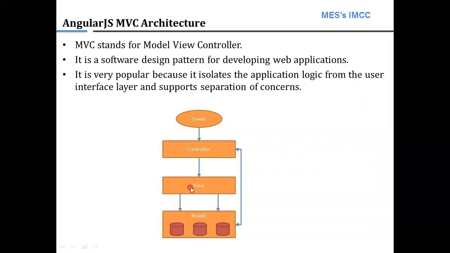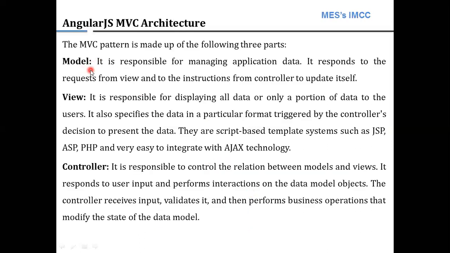So whatever data you are displaying through the view has to be handled through the controller with respect to the model. So this is the detailed description of model, view, and controller. Let's learn one by one.